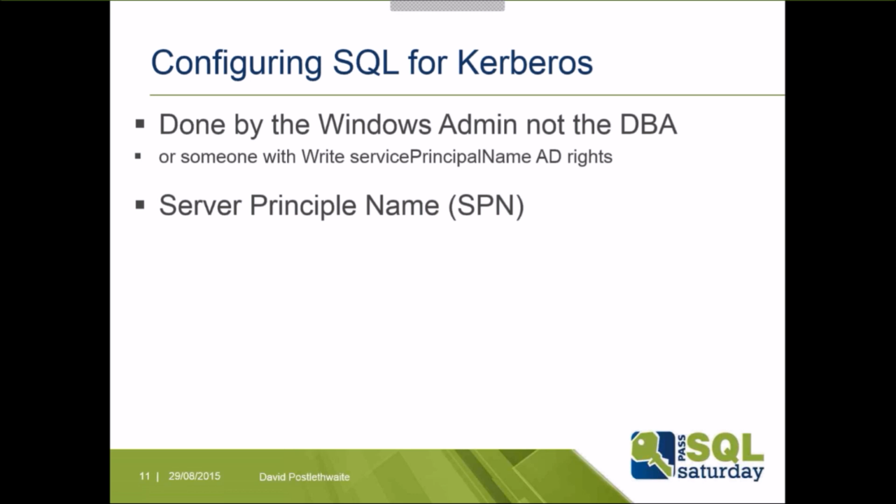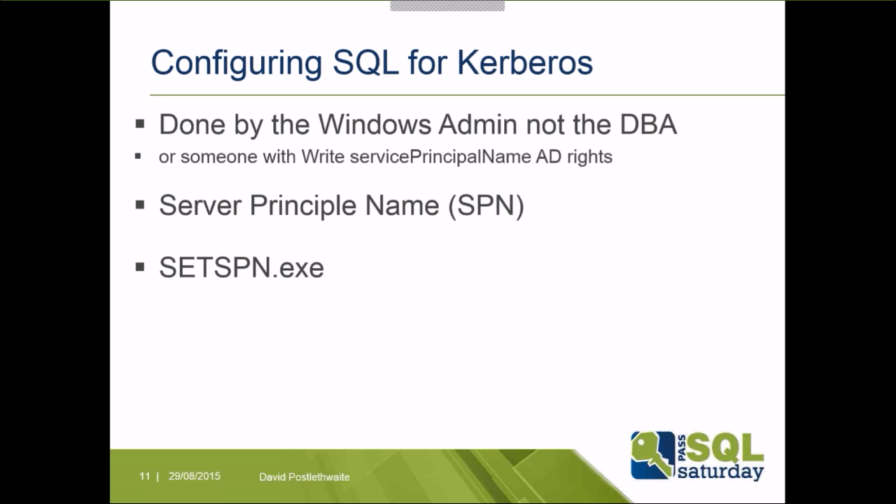Now, like most things that people struggle to understand, Microsoft has only produced a simple command line tool to configure it, and this tool is called setspn.exe. It should already be installed on all your Windows servers. If it's not installed on your desktop, you can download it as part of the remote administration tools, or it's also part of the Windows 8 installation.